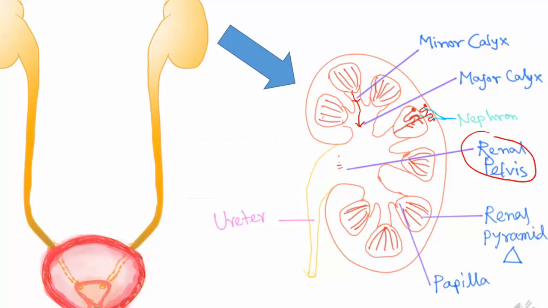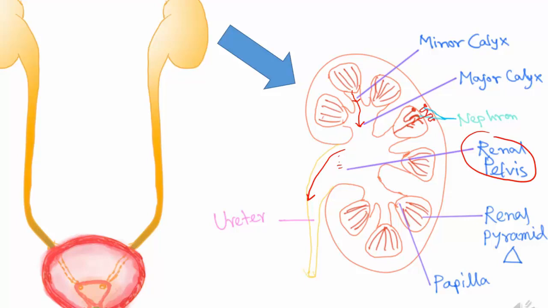As the urine flows, it stretches the major calyx and minor calyx, and that induces a pacemaker activity, which initiates peristaltic contraction that spreads through the renal pelvis and downward along the length of the ureter.